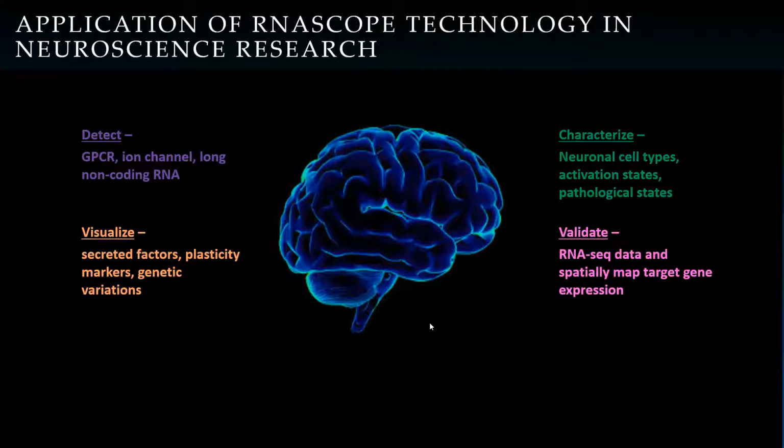Now, this becomes extremely important in pathological samples when you're trying to determine a molecular mechanism underlying a certain disease. Then ultimately, because we are an RNA detection technology, you can visualize secreted factors and look at plasticity markers and identify the cellular source of these secreted molecules.